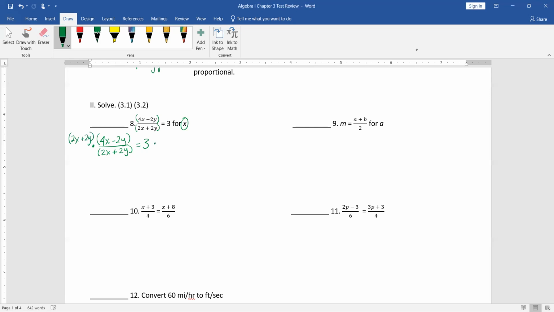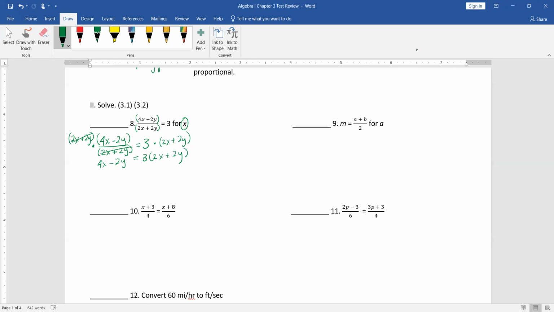If you do it on one side, you do it on the other. All right, and then these cancel each other out, and you're left on the left with 4x minus 2y equals 3 times 2x plus 2y. All right, we've gotten rid of that fraction.